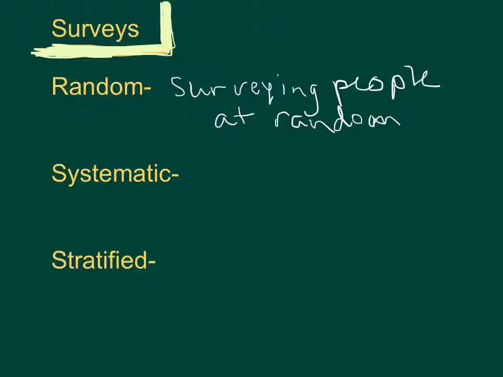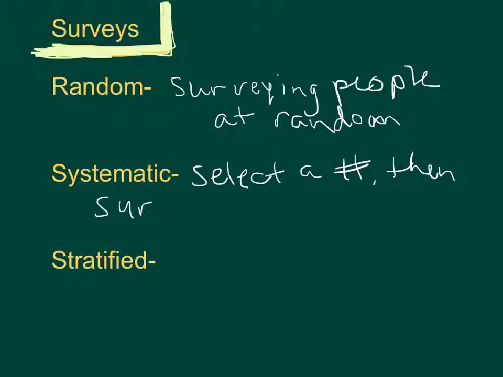Systematic is where you select a number and then survey every, whatever your number is, person. For instance, if you pick the number 5, then every 5th person you ask the question to. That's systematic because you have a system to it.